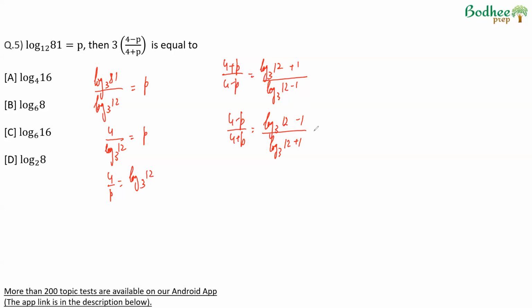Now, this can be written as log of 12 to the base 3 minus log of 3 to the base 3 upon log of 12 to the base 3 plus log of 3 to the base 3. This further can be written as log of 12 by 3 to the base 3 upon log of 12 into 3 to the base 3.